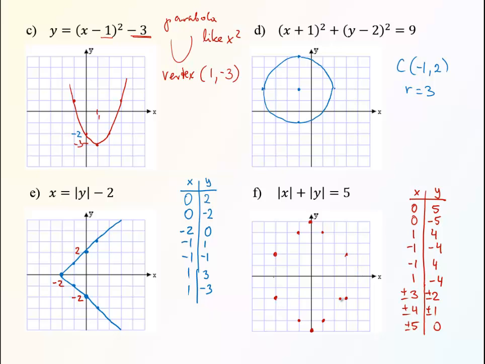And finally 4 and 1, 4, negative 1, and negative 4, 1, negative 4, negative 1, 5, 0, negative 5, 0. As you see, we end up with a square. All sides equal and 90-degree angle between each side. So it's a square. Again, not a function, it's a relation.